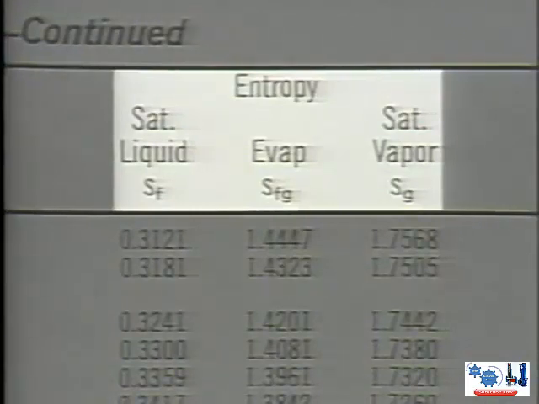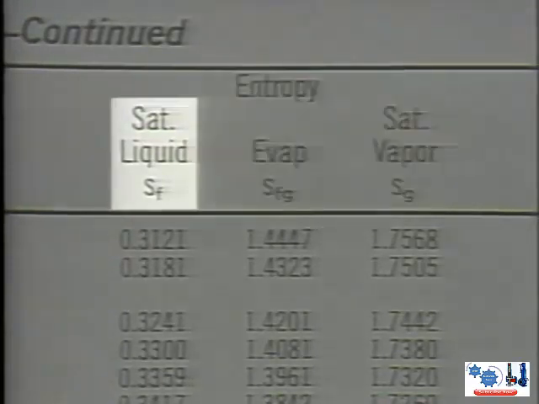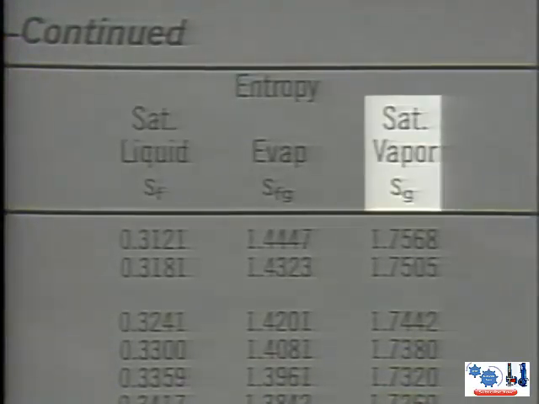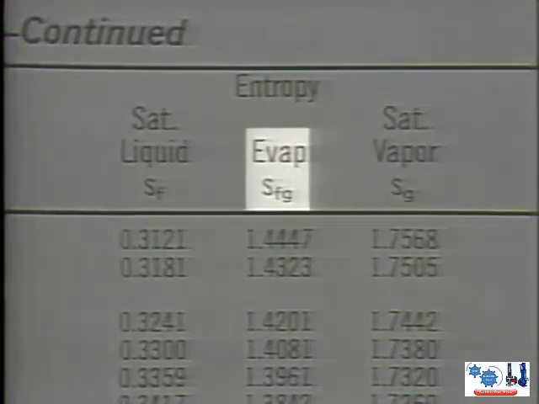Like specific volume and enthalpy, there are three columns under the entropy heading. Again, these columns indicate the values for saturated liquid, symbolized by the small letter S sub F, the values for saturated vapor, S sub G, and the evaporation or difference between S sub F and S sub G, symbolized by S sub Fg.